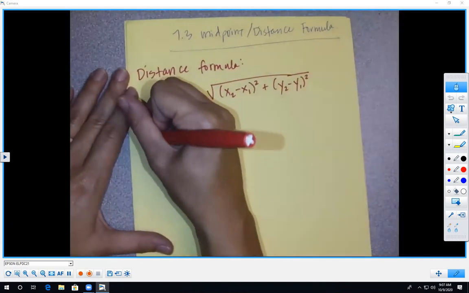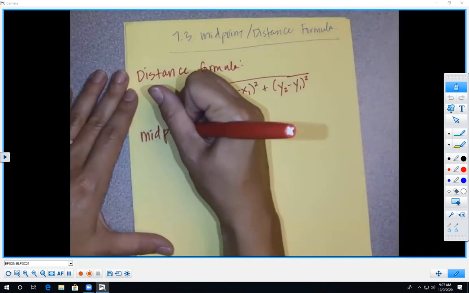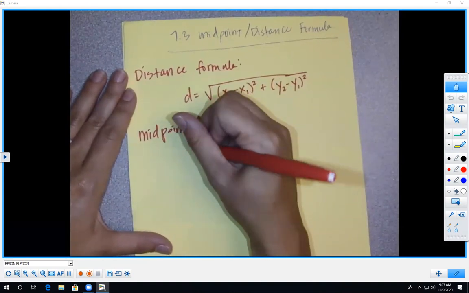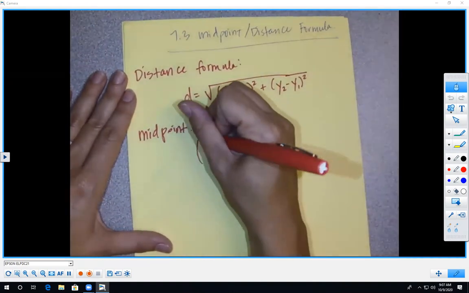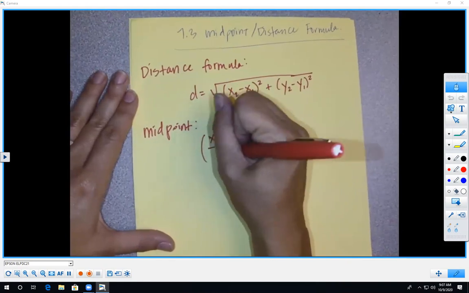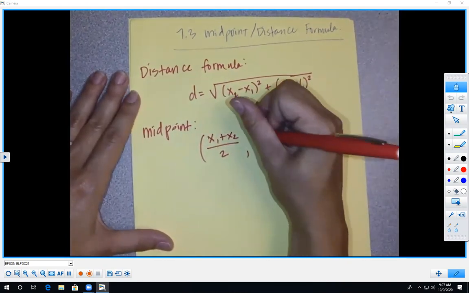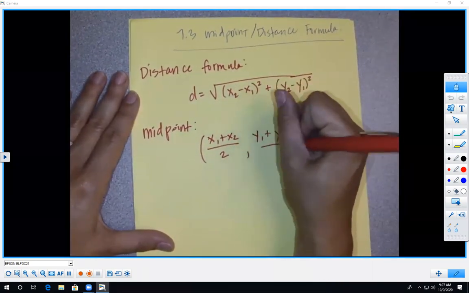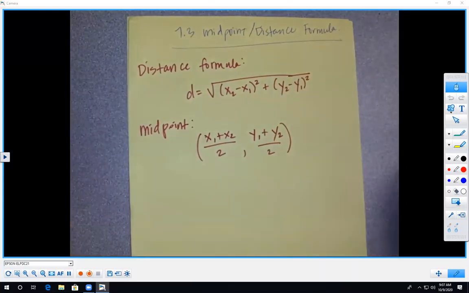And the midpoint formula is an actual ordered pair: (x1 plus x2) divided by 2, and then the y part of that ordered pair is (y1 plus y2) divided by 2.